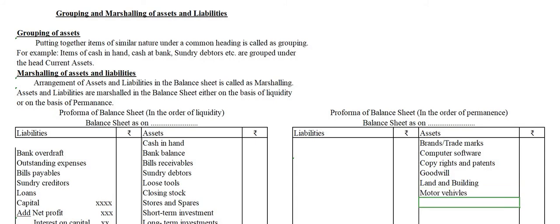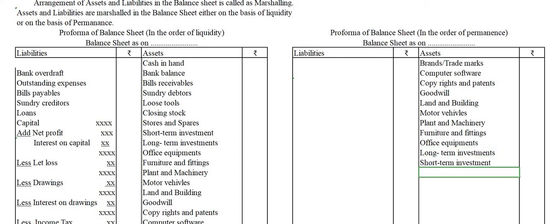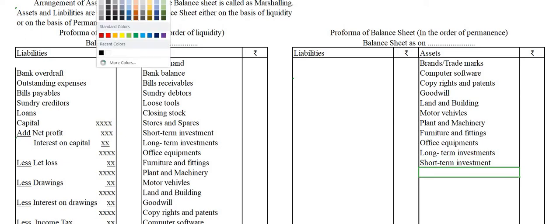The same balance sheet items we have changed into the other method. Then plant and machinery. Next we can write furniture and fittings. Okay, then after that office equipment, then long term investments, then short term investments, then stores and spares.